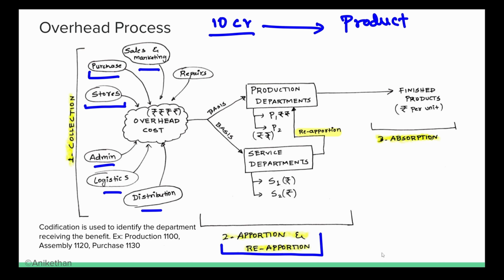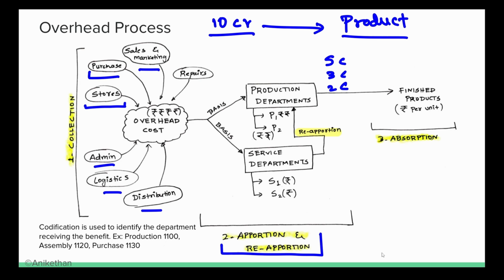Usually service departments, for example a canteen or transportation, do not produce any products. Hence, if all the cost has to finally go to the product, it has to be reapportioned to production departments. Once it is apportioned to production departments, this 10 crore will become something like 5 crore, 3 crore and 2 crore against 3 production departments.